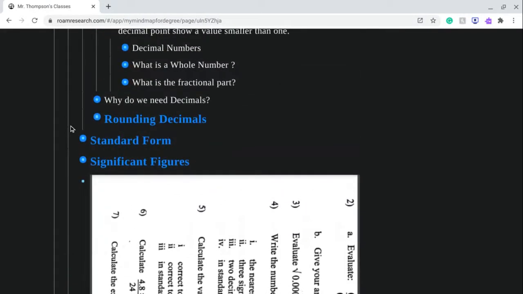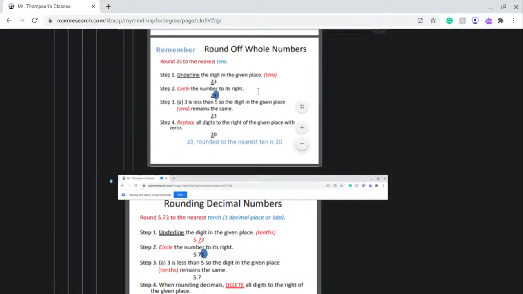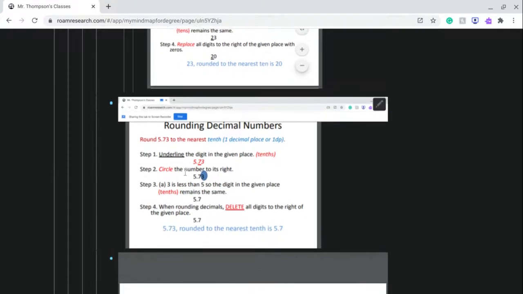And now we understood that, we applied that knowledge to round specifically into whole numbers. We rounded whole numbers, 23 turned to 20. We rounded decimal numbers. So we rounded to the first decimal place, and 5.73 turned to be 5.7 because 3 is less than 5.